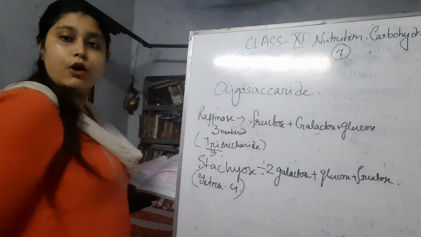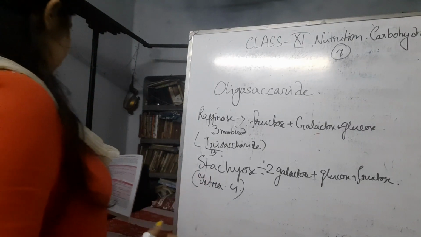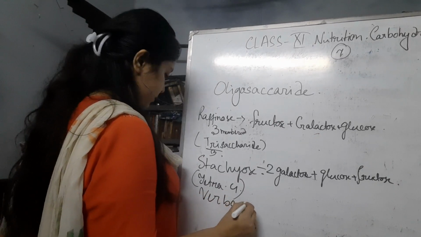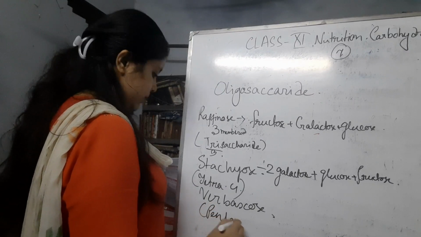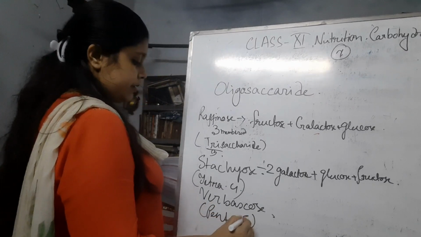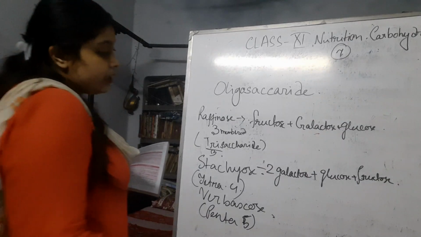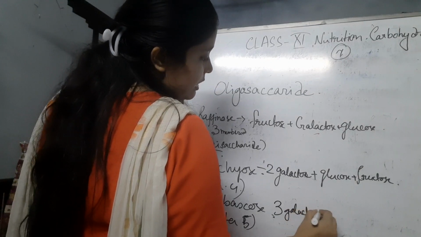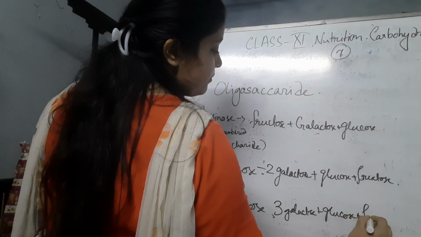So there are 4 altogether. And one more example is verbascose. It is actually a pentasaccharide, that means 5-membered. And what are the 5 members? 3 molecules of galactose, then 1 glucose and 1 fructose.